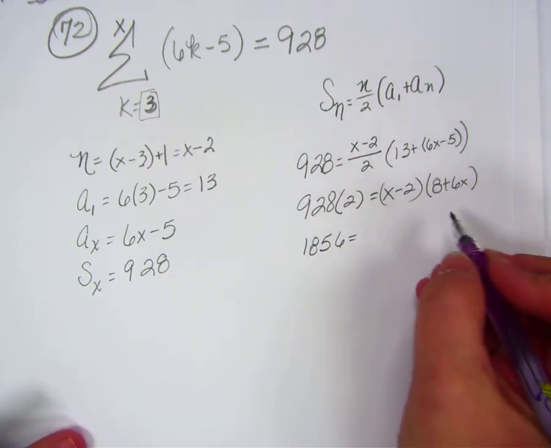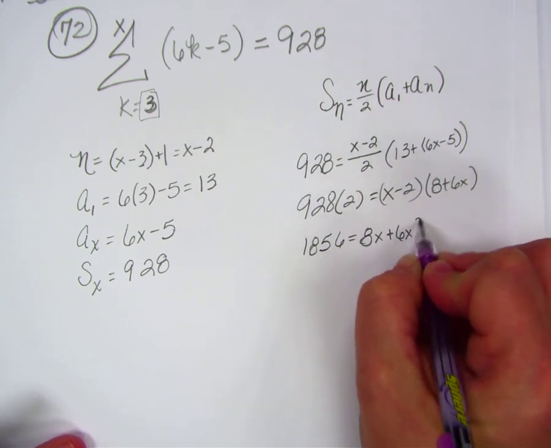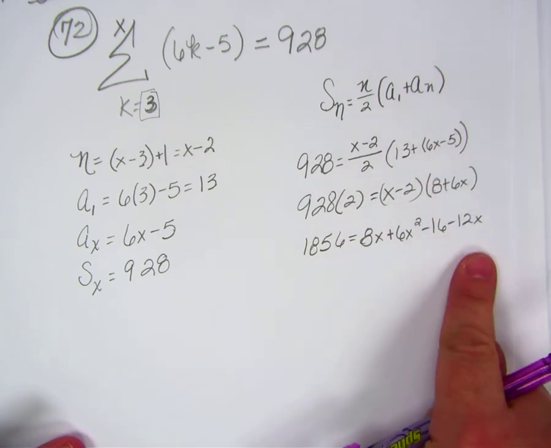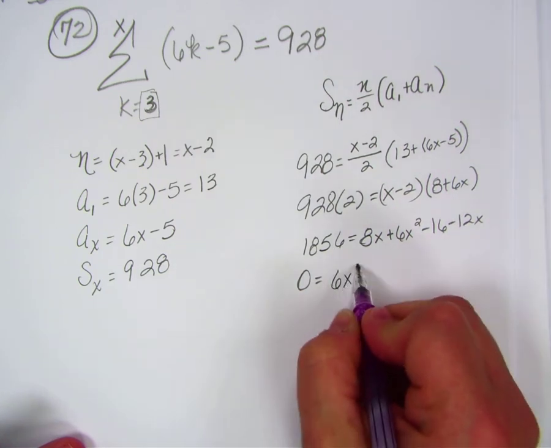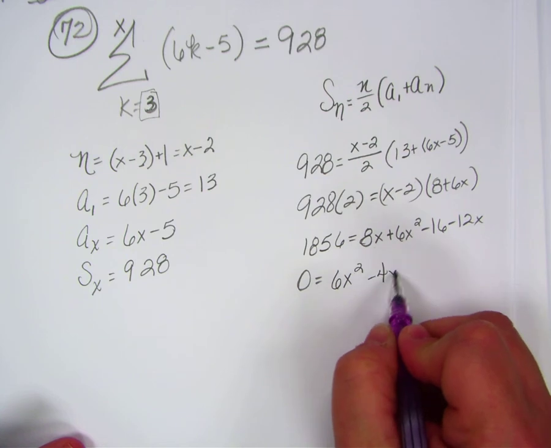And this is the FOIL method. So 8x plus 6x squared minus 16 minus 12x. That's a quadratic equation. I'm going to get everything on the same side. So 6x squared. 8x minus 12x is negative 4x.